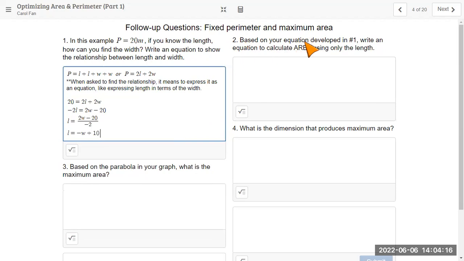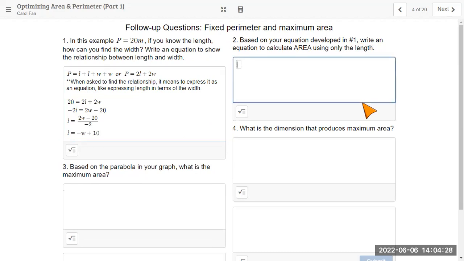Now, based on the equation that you developed in number 1, write an equation to calculate the area only using length. So remember, we said that area is equal to length times width. Now, we also know that the length is equal to negative W plus 10.